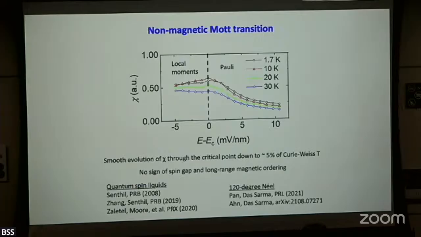Okay, so this is a paper I was talking about, with some argument about whether there should be quantum spin liquids, but that's beyond me. By any chance, did you get how the susceptibility deep in the Mott phase behaves?